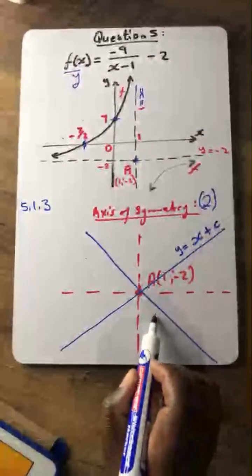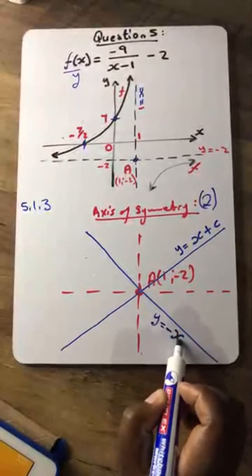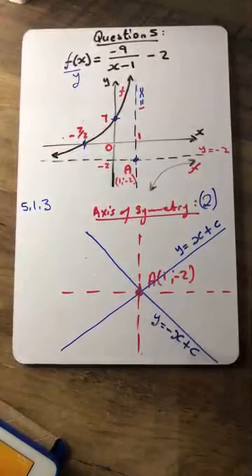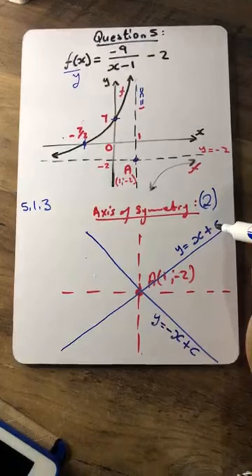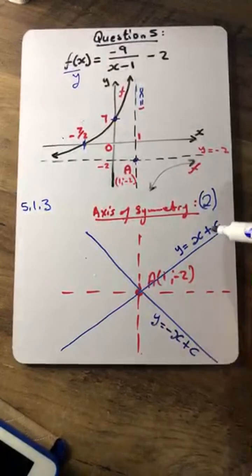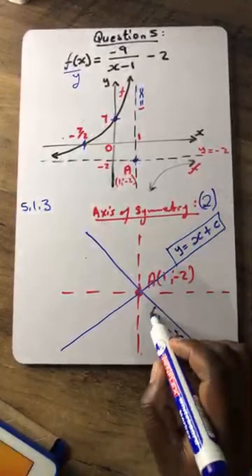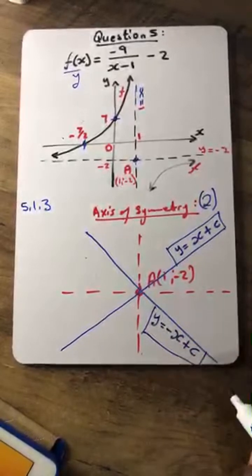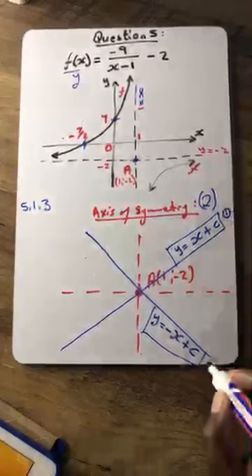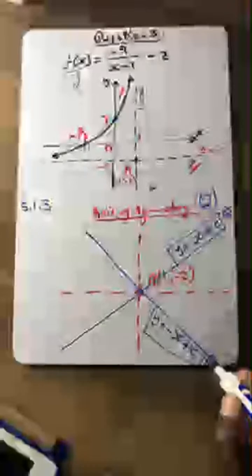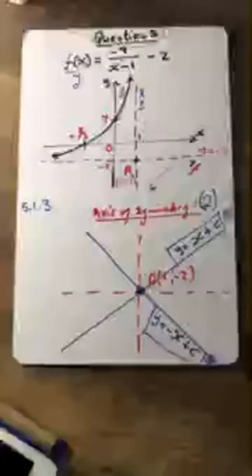Or you have this one, y equals negative invisible 1 x plus c. You will always choose between these two equations depending on what the examiner wants. All you need to do is ask yourself, is it equation 1 or equation number 2 that I must use? So that is the hint I was talking about.